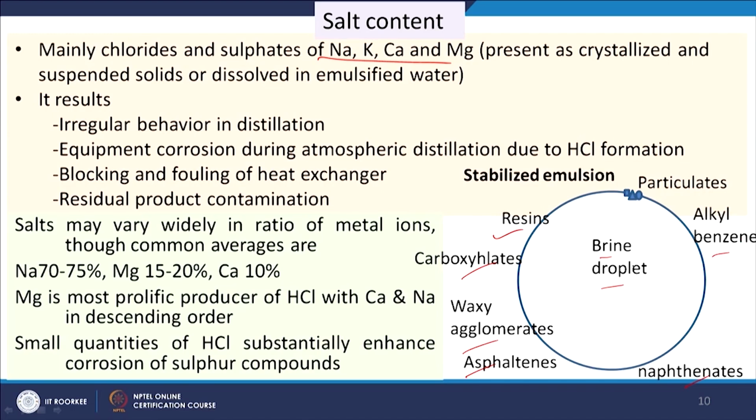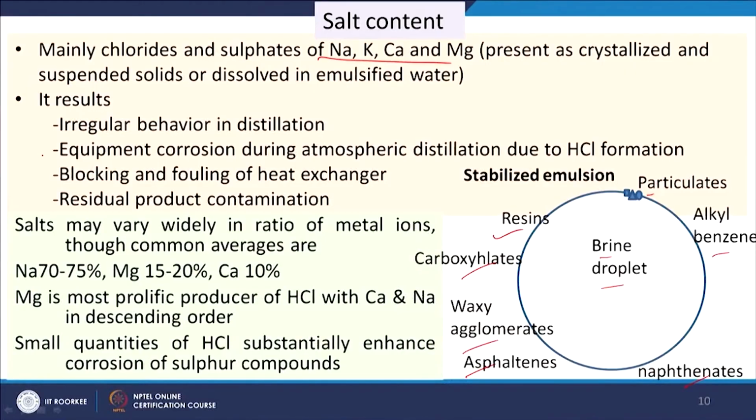All those things help to get the stability of this brine droplet, and some salts may also be available in terms of particulates, or solid particles. This salt, if present in crude, will create a lot of problems, and above a certain limit it is not desirable in the refinery.